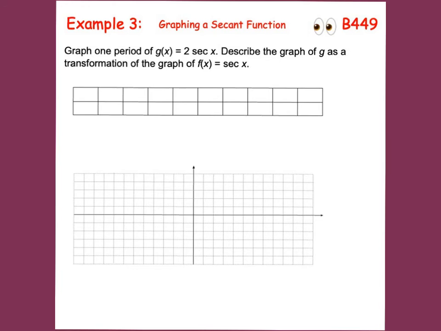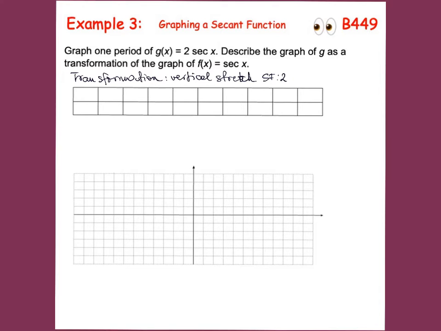So when we look at this first example, we are talking about g of x equals 2 times secant x. So the transformation is going to be a vertical stretch by a scale factor of 2.